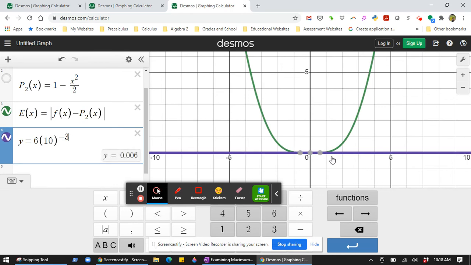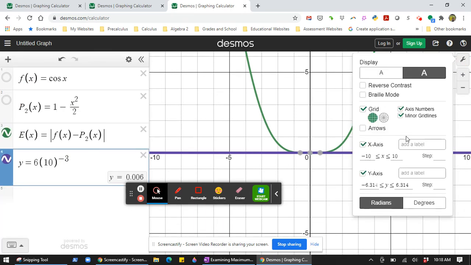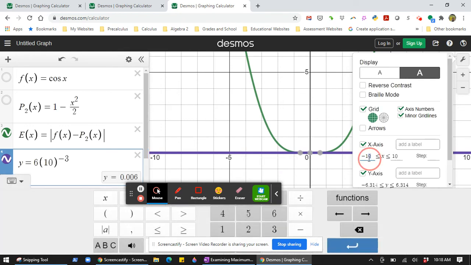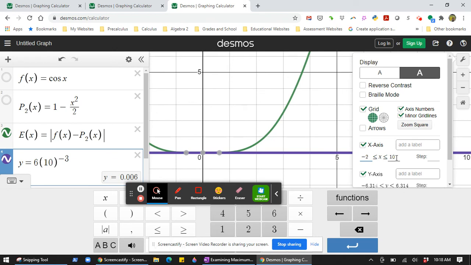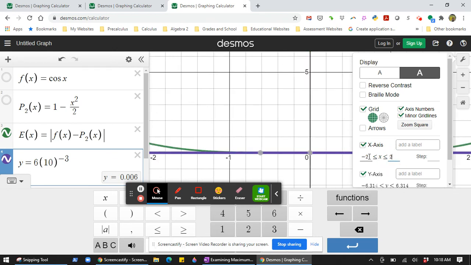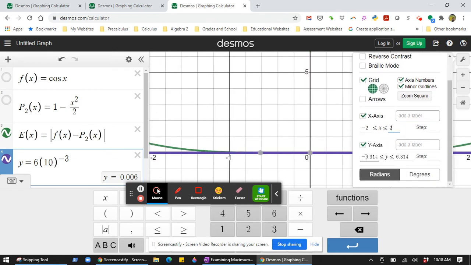Okay, so we've got to adjust our window. Clearly, we can see our x window really doesn't need to go beyond negative 2 and 2. So let's do that, negative 2 and 2. And then for our y values, 6 times 10 to the negative 3 is really small.